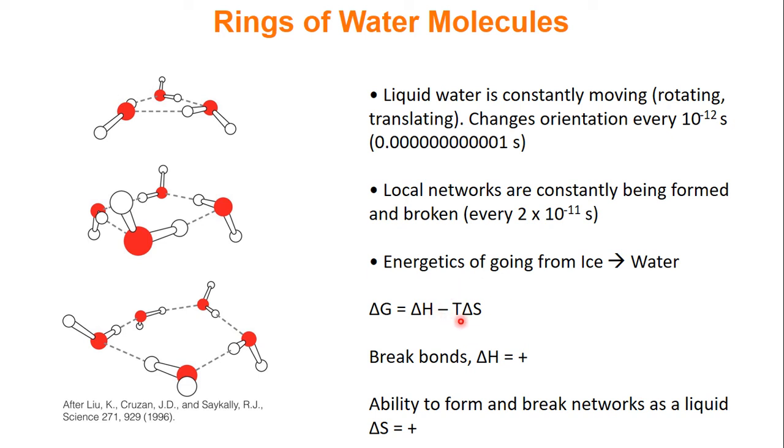And so water melts at 0 degrees Celsius or 273 Kelvin because at that temperature the minus T delta S is bigger than your positive delta H, making your overall delta G negative. We'll look at delta G equations in class so you can get a better hold of that concept.